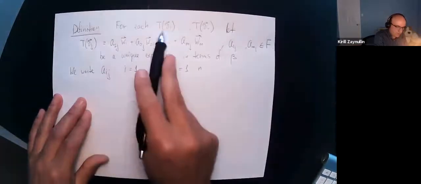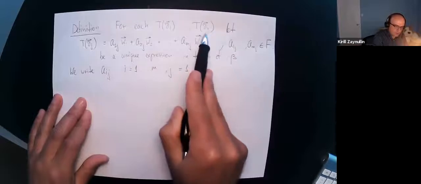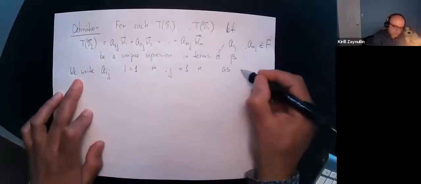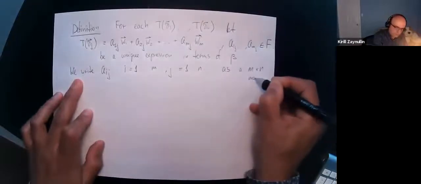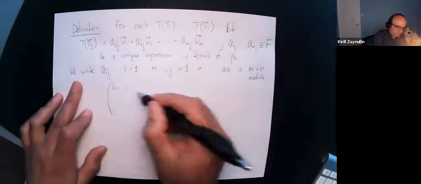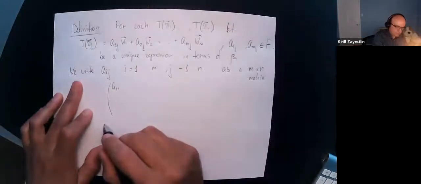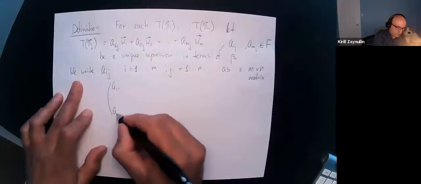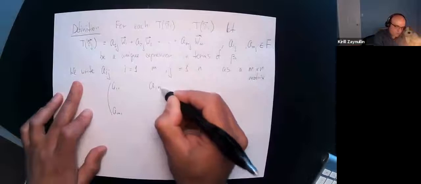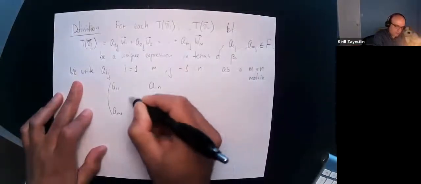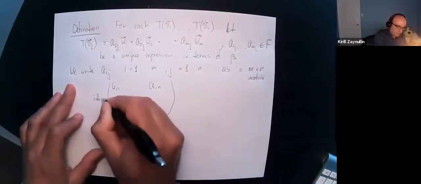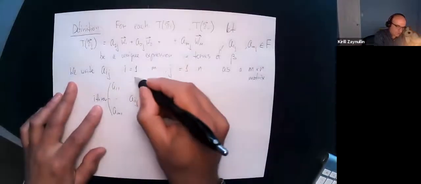So we write the aij's as an m by n matrix. Just this one, a11, up to a1n, and there are m rows, down to am1 and amn. And aij sits at the intersection of the ith row and jth column.